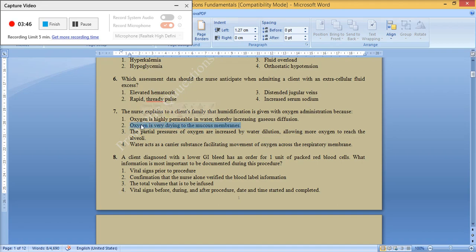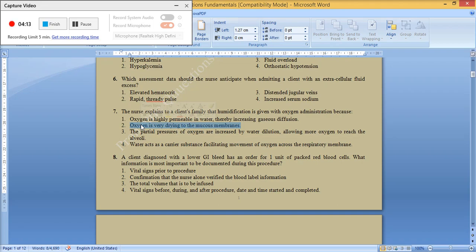8. A client diagnosed with a lower GI bleed has an order for 1 unit of packed red blood cells. What information is most important to be documented during this procedure? 1. Vital signs prior to procedure. 2. Confirmation that the nurse alone verified the blood label information. 3.